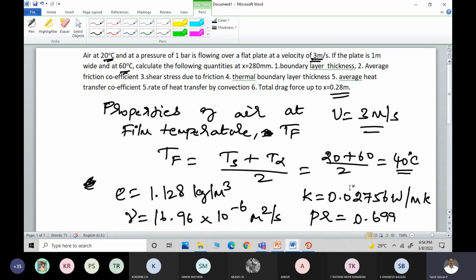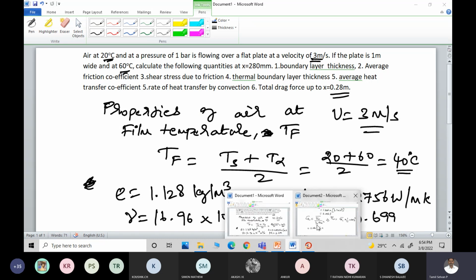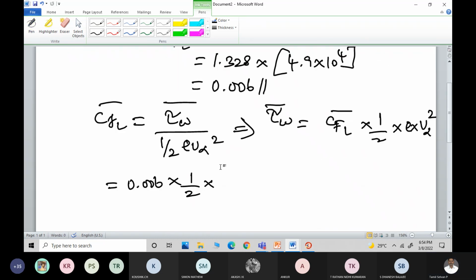Density is 1.128. Is it correct, students? Yes, sir. 1.128 into 3 the whole squared. So what is the average tau W value?